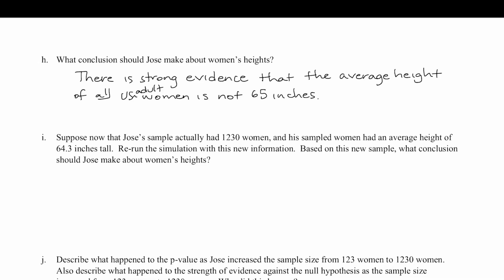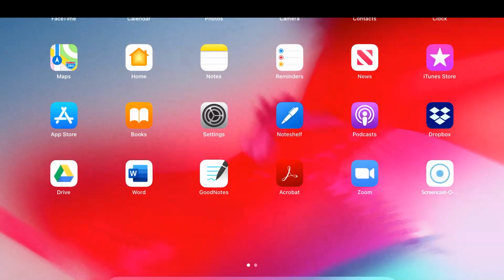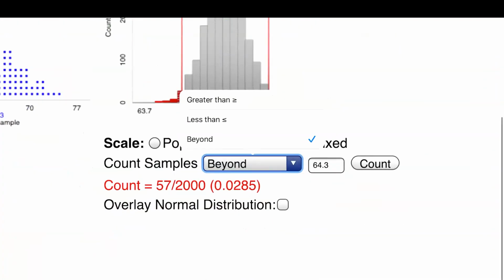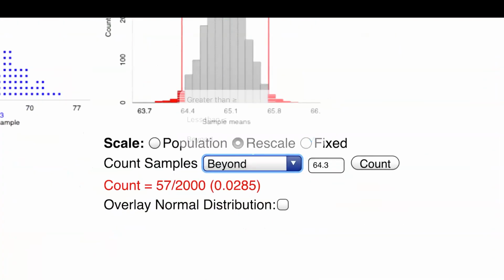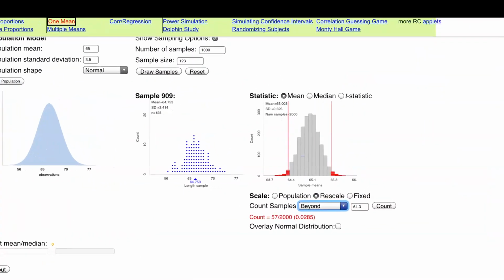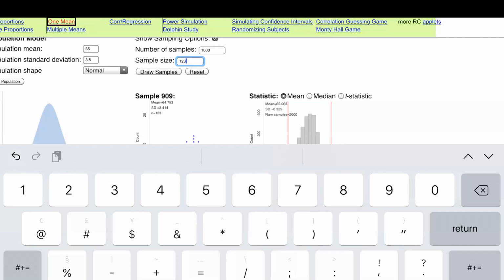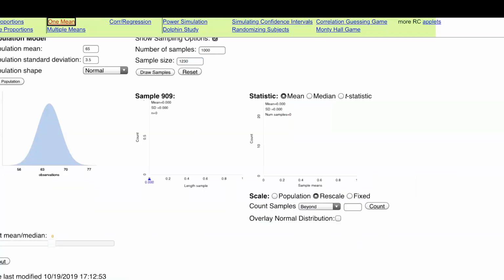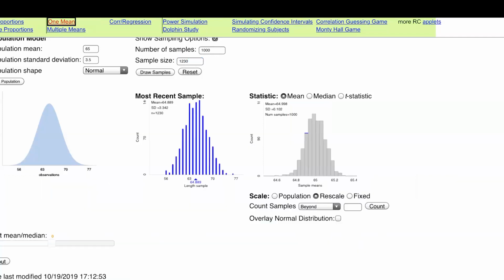All right, now suppose Jose's sample actually had 1,230 women, and his sampled women had an average height of 64.3 inches tall. Rerun the simulation with this new information. Okay, so let's go back to the simulation, to the applet. We're going to put in a sample size of 1,230 and draw 1,000 samples. Here's a couple interesting things to note.